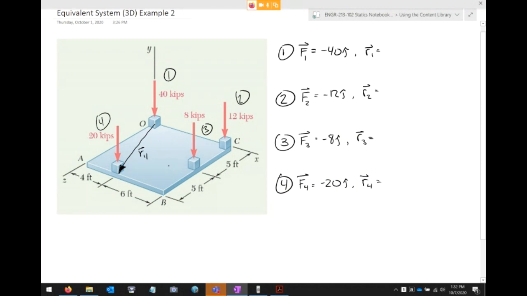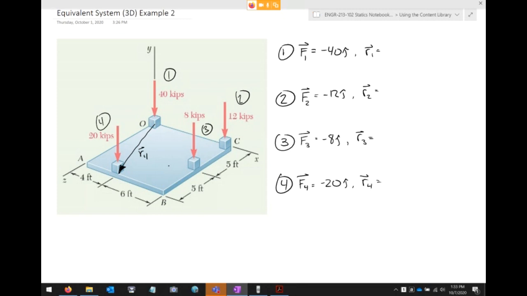How would you express the vector from the origin to load number 4? Okay, so we got 4i plus 10j. Oh, there you go. You're right, it's 10k. Exactly right, because we're going along the x-axis and the z-axis.